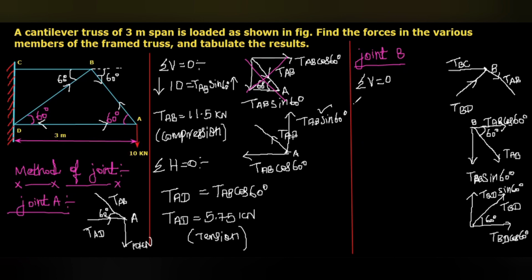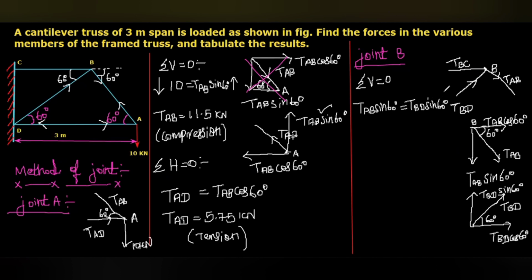So that downward force TAB sine 60 is equal to TBD sine 60.